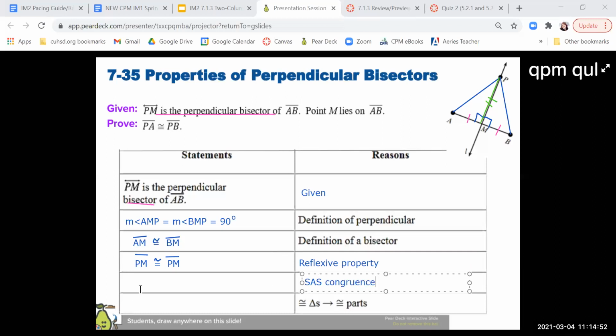Now we just need to name them. So we have triangle AMP on the left.